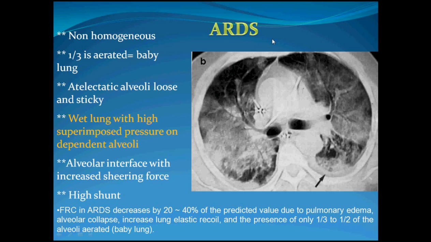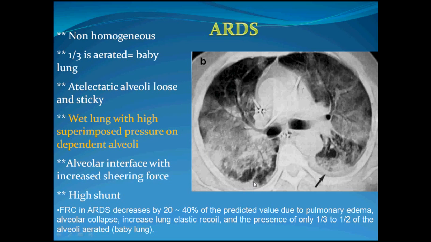Look at this as ARDS. We have mentioned that the dependent alveoli, the pressure in them should be 1 to 2 centimeters water more than the superimposed weight. In the normal person, it is 7.5 centimeters water. But in ARDS, the lung is wet, so the density is larger.